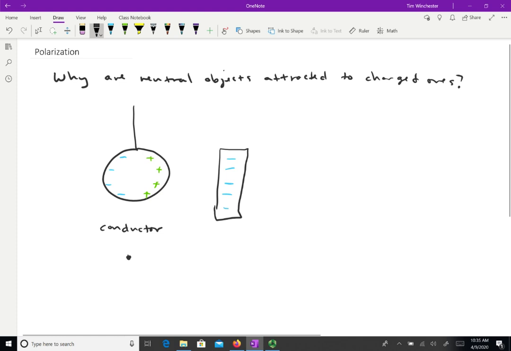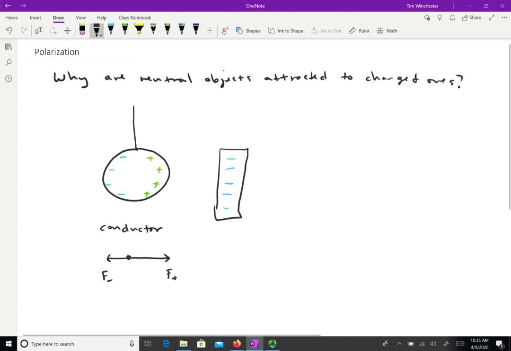Okay, so for the positive charges, there's going to be a force to the right. So that's a force on the positive charges to the right. But the force on the negative charges, which is going to be to the left, is actually going to be smaller. And the reason it's smaller is because the negative charges are a little bit further from the charged object.